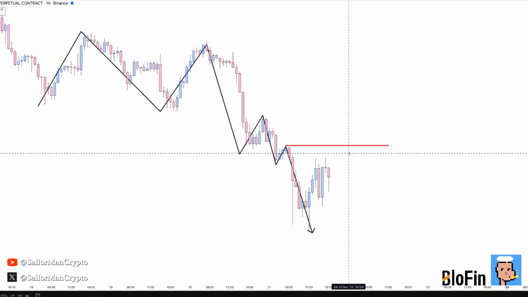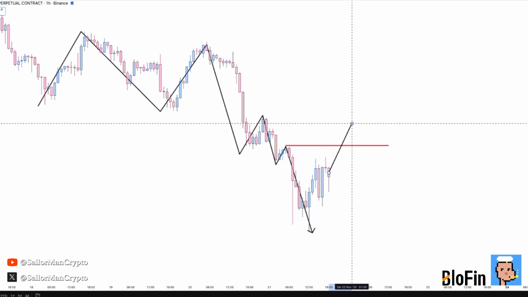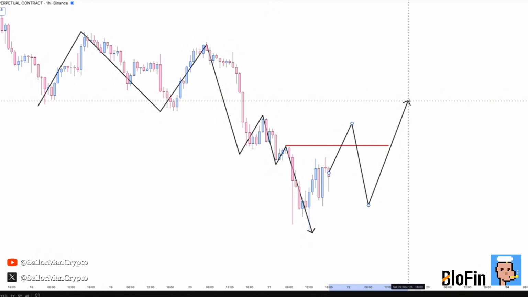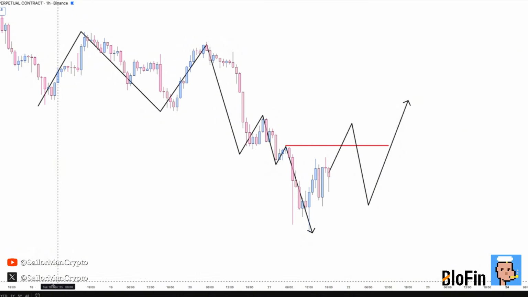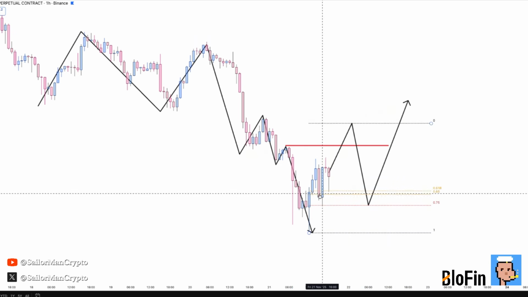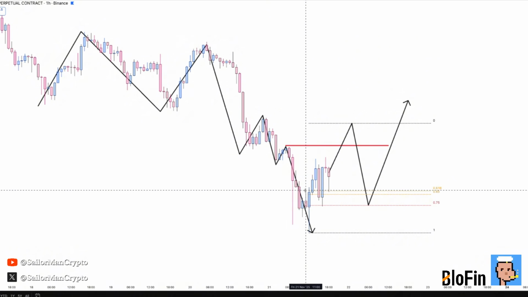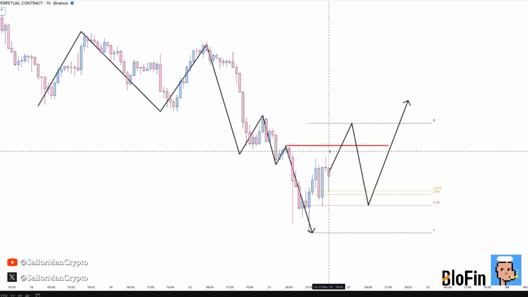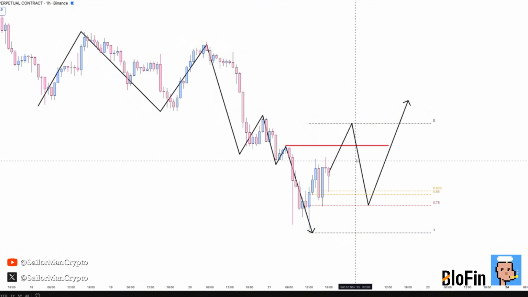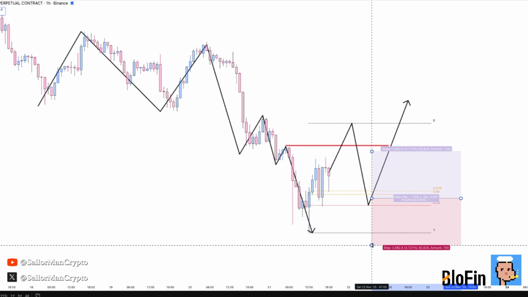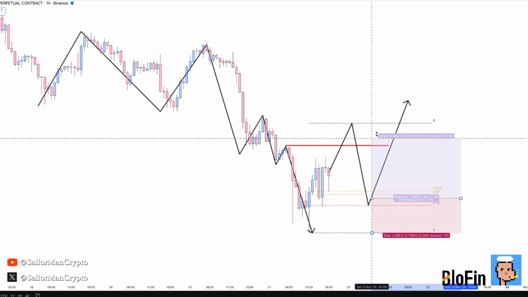To be a little bit more specific, broken on the linear chart would be better. We will try to enter somewhere there, and we want to see again a further break. You can use, for example, a Fibonacci or a demand level, that in this case is the red candle, but you will find here in the Learn and Trade both a video explaining how to use Fibonacci and a video on how to select demand, and you will take your trade somewhere here, your invalidation will be somewhere there, to make it super simple.